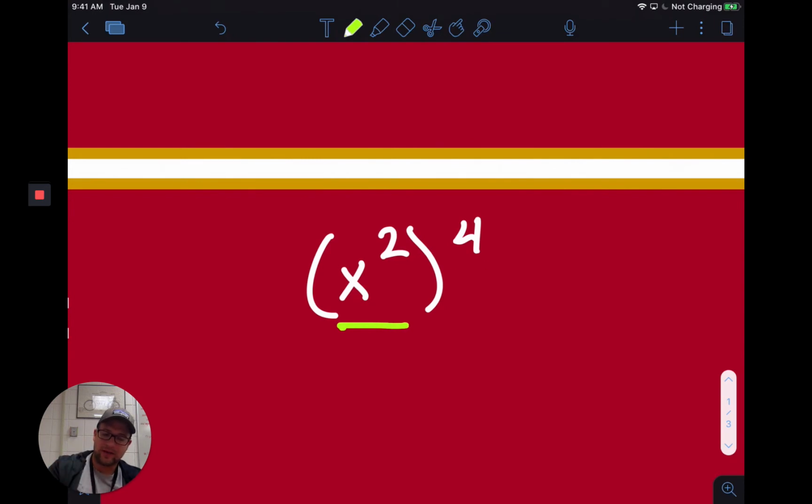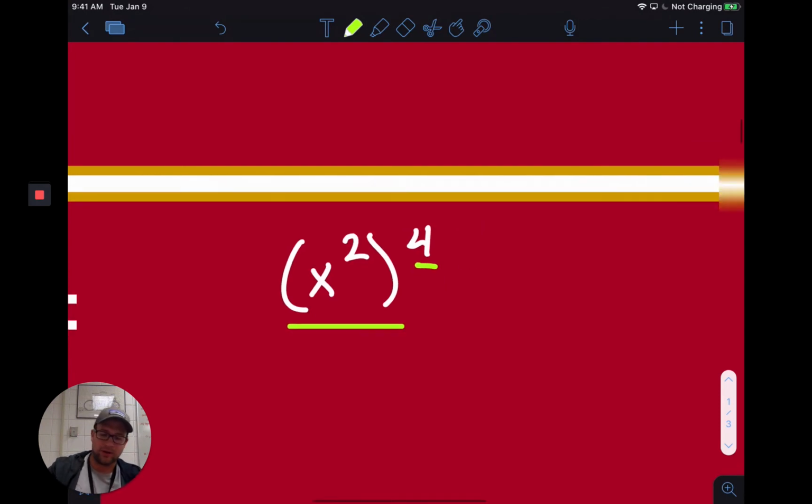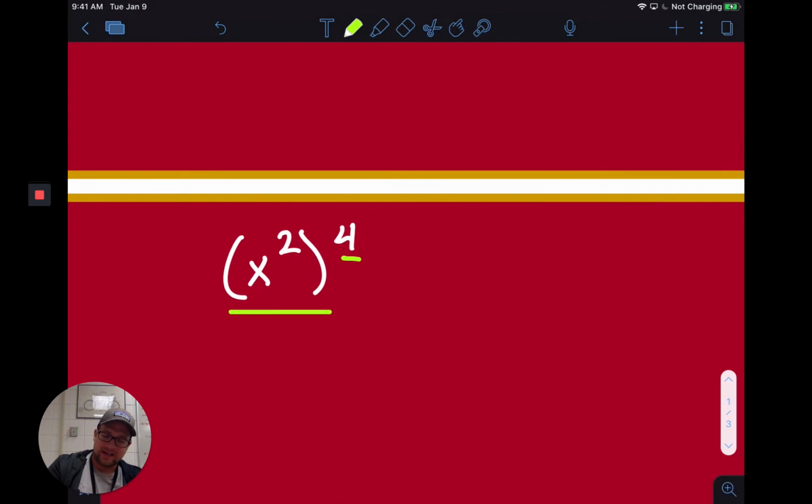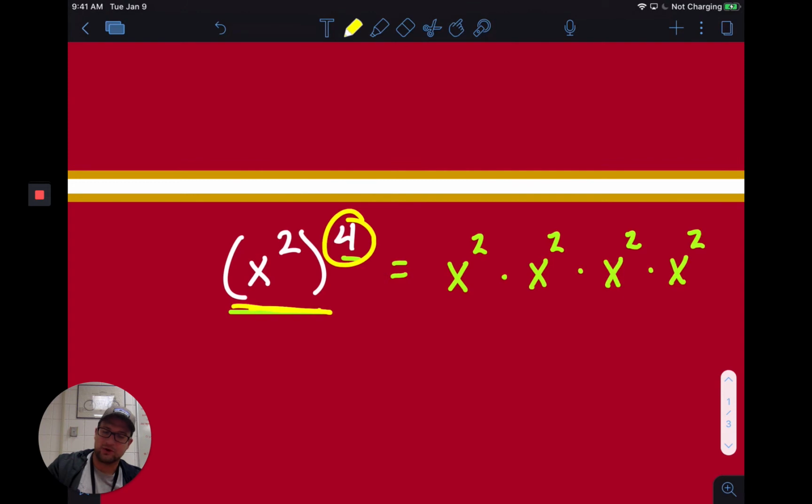Now, the way we want to think about this type of problem is that if we think about this through the lens of that is the base and this is the exponent, then what x to the second raised to the 4th power really is, it's just x to the second times x to the second times x to the second times x to the second. Because, remember, our exponent tells us how many times to multiply our base by itself. So we're going to multiply our base by itself 4 times.